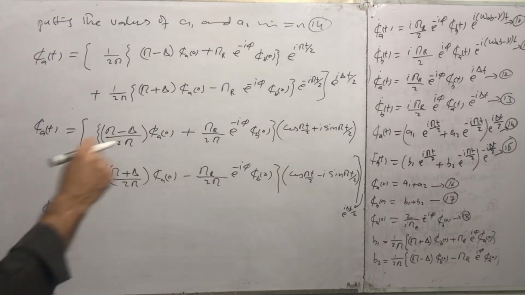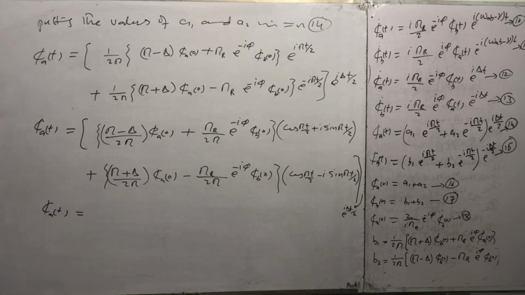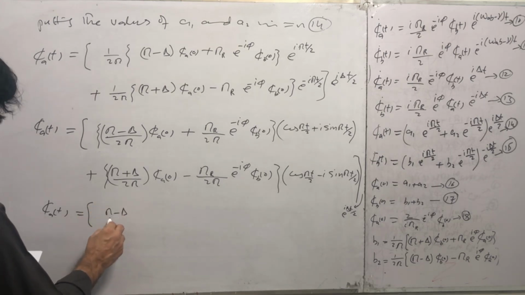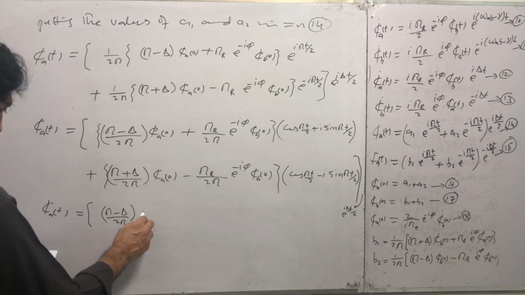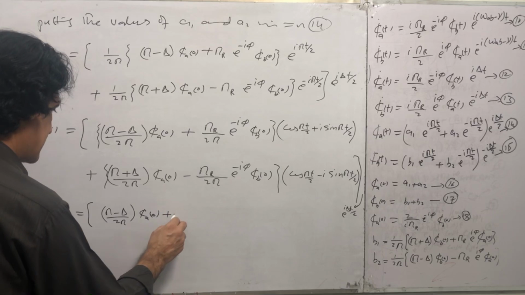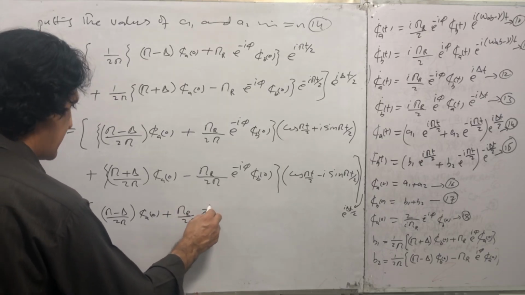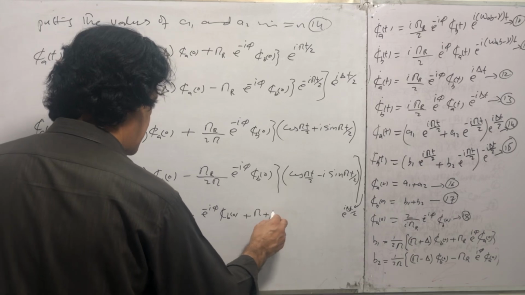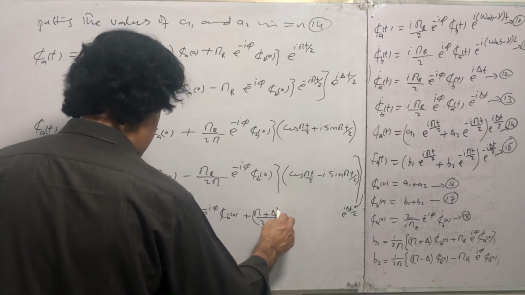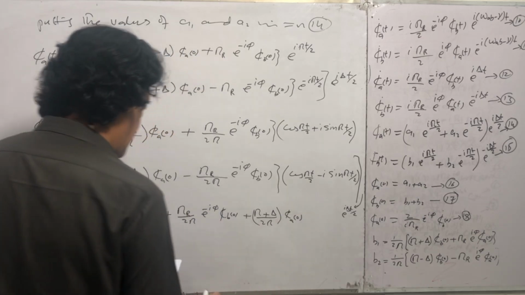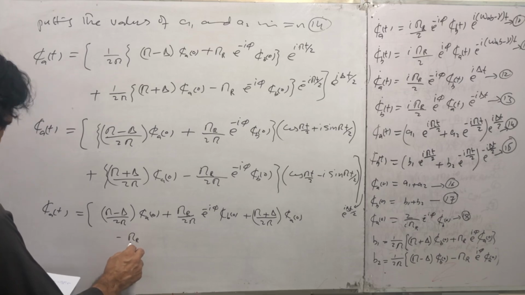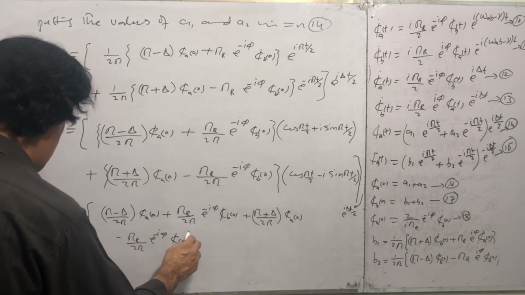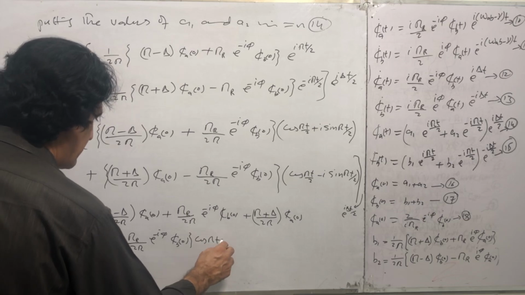This is a simple multiplication, and after some steps I can take some common, and then we have omega minus delta divided by 2 omega and Ca of 0 plus omega r divided by 2 omega e to the power minus iota phi Cb of 0 plus omega plus delta divided by 2 omega Ca of 0 and minus omega r divided by 2 omega e to the power minus iota phi Cb of 0, and here we can take cosine omega t divided by 2 common.